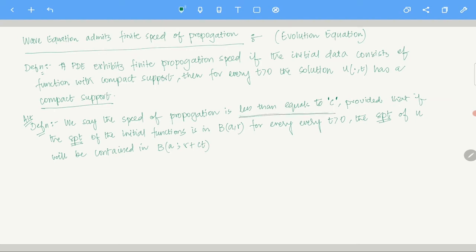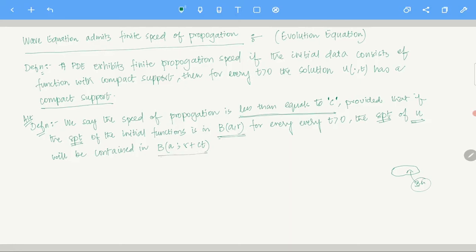It means that if you start with G and H having support in this ball with center A and radius r, then the support of the solution u, very vaguely speaking, is where the solution will be non-zero.